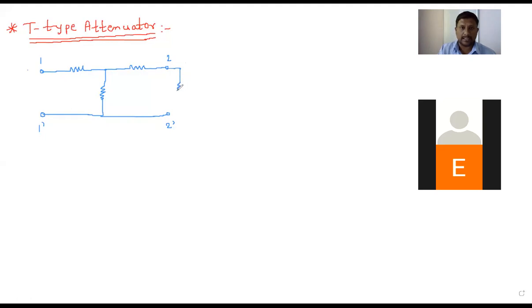As the whole network is resistive, Z0 is replaced by R0. So R0 is nothing but Z0. The second port must be terminated by the characteristic impedance Z0, which is in terms of a resistor only, and that is named R0. This is called the characteristic impedance or characteristic resistance. Okay, so this is the diagram of the T-type attenuator.